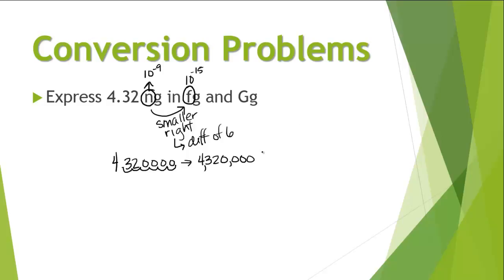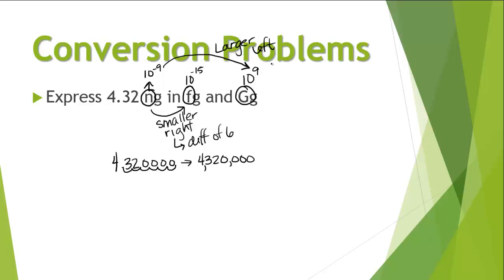Now we can do the same thing. We can either go from this, because we're already in femtograms, and go to gigagrams, or we can go back to the beginning. Our capital G here is going to be 10 to the positive 9. So this time, if I start at nano and go to giga, I am getting larger, so I am going to move to the left the difference between the numbers.